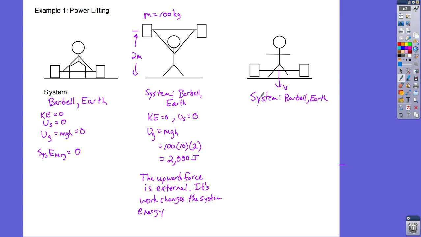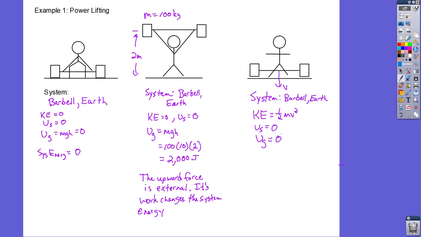And so is there kinetic energy there? Yes, there is kinetic energy, equal to 1/2 mv squared. We have no spring energy, and we're basically back down to h equals 0, so we have 0 gravitational potential energy.